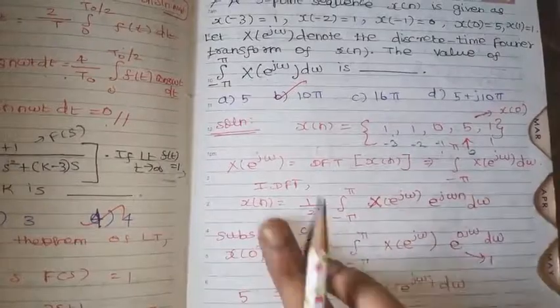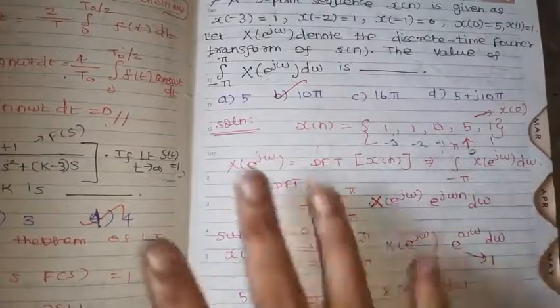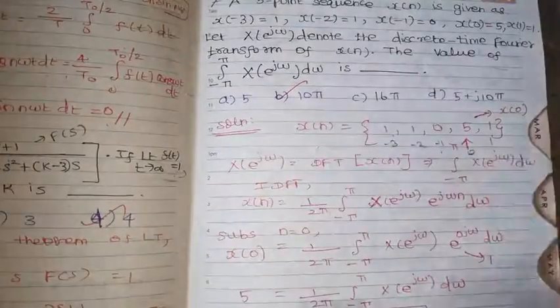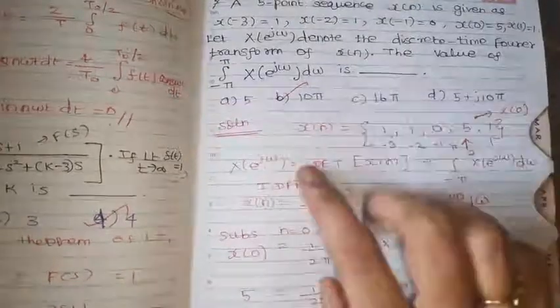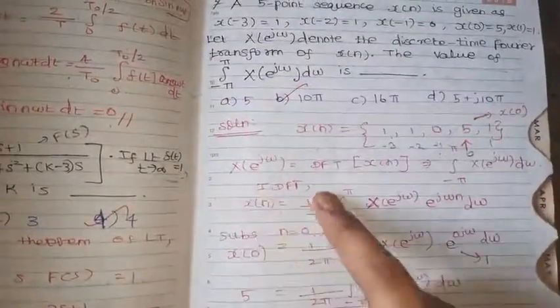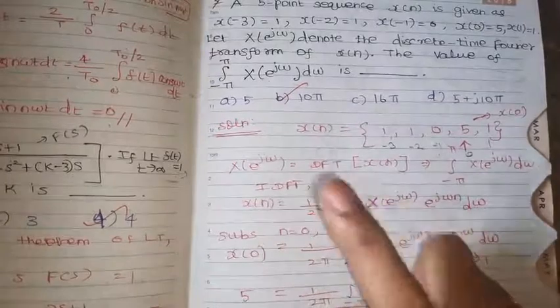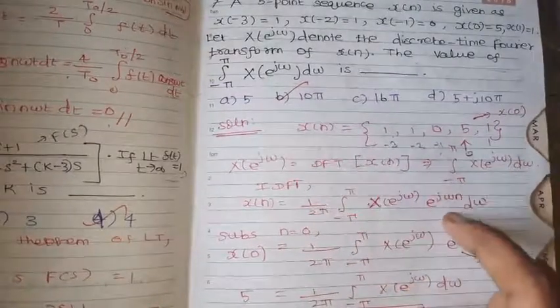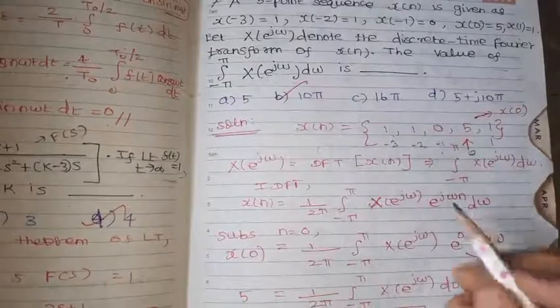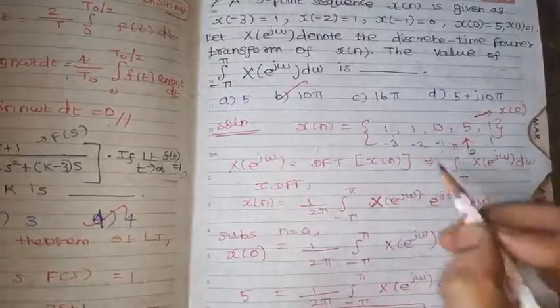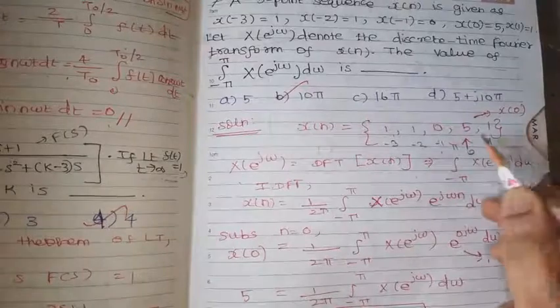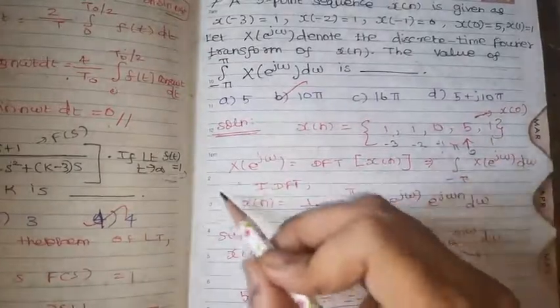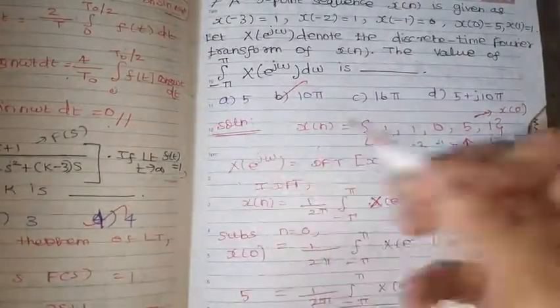What we need to find out? First we will find X of e power j omega, then we will find the value for this from it. X of e power j omega is nothing but the discrete time Fourier transform of this x of n. We need to find the integral from minus pi to pi of this value times d omega.